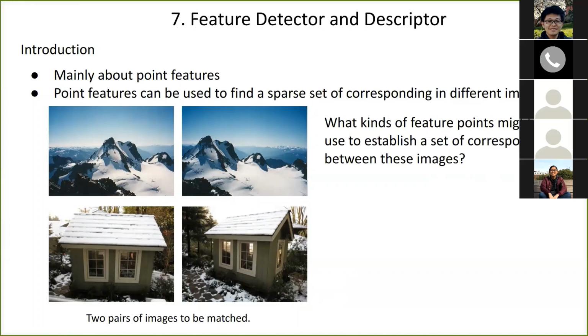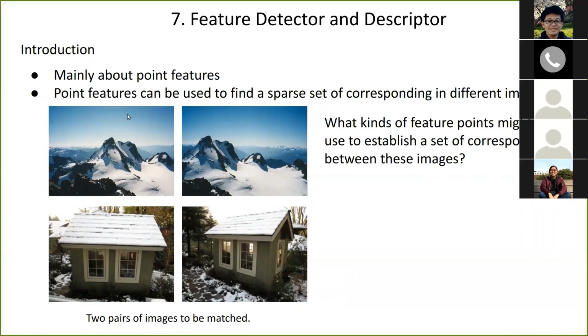So the first question is: if we are given two images from two different views, how can we choose the correct points to finish the correspondence searching job, right?